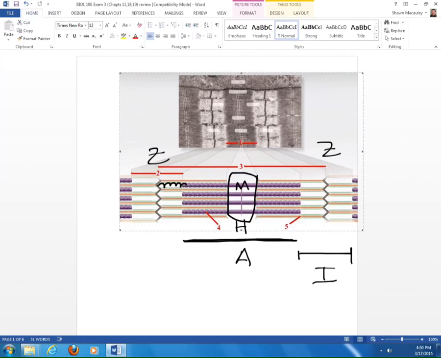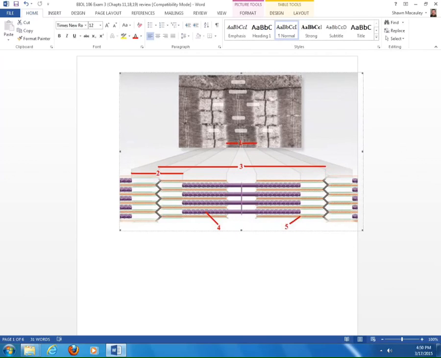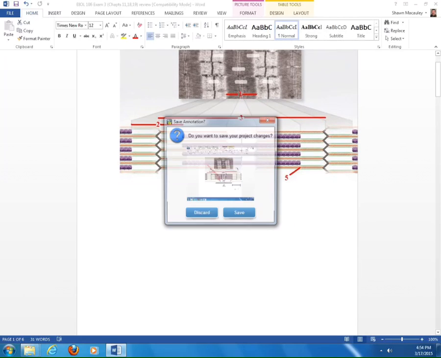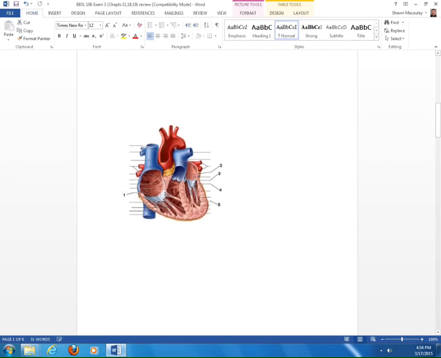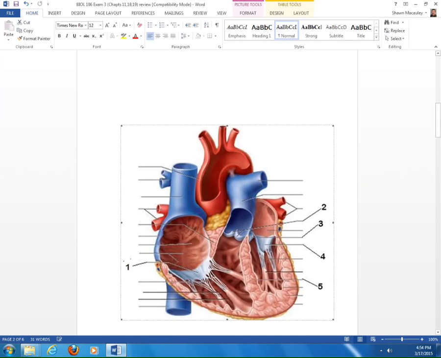Okay, let me see what else I've got here in my little images. Okay, this image, kind of switching gears a little bit, reminds me of the overall structures of the heart. This image does not include on it the conduction system.